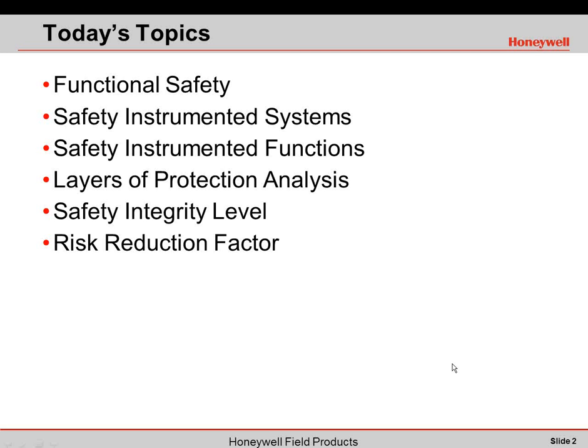I'll talk about the layer of protection analysis, which is how you determine what safety integrity level you need. So we'll find out what the safety integrity level is and how that applies. And I'll also talk about the risk reduction factor and how that relates to your safety integrity level.